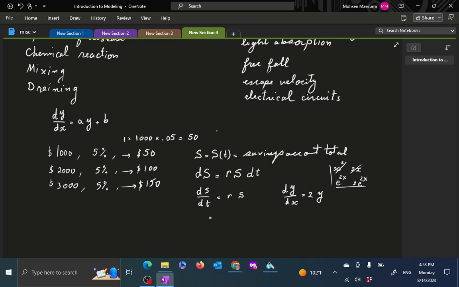Well, very easy. If you are putting money into your account, at the beginning you put some money and it grows, but every now and then perhaps you go and put in an additional deposit, and this b plays the role of that deposit, except that perhaps you deposit money once a month or once every year or something. But in a differential equation, we make things very easy so that our mathematics will be simple.